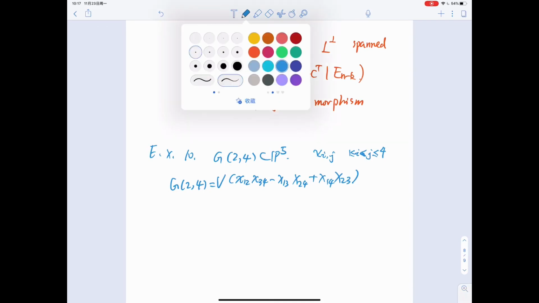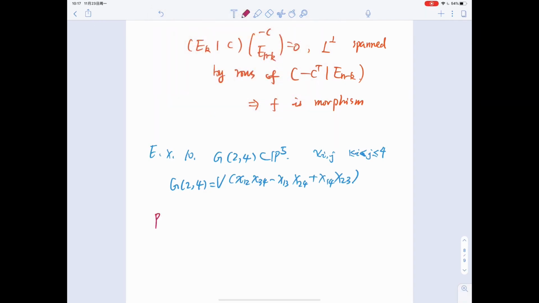The proof is as follows. For any omega in Λ^2 K^4, we can write omega like this.